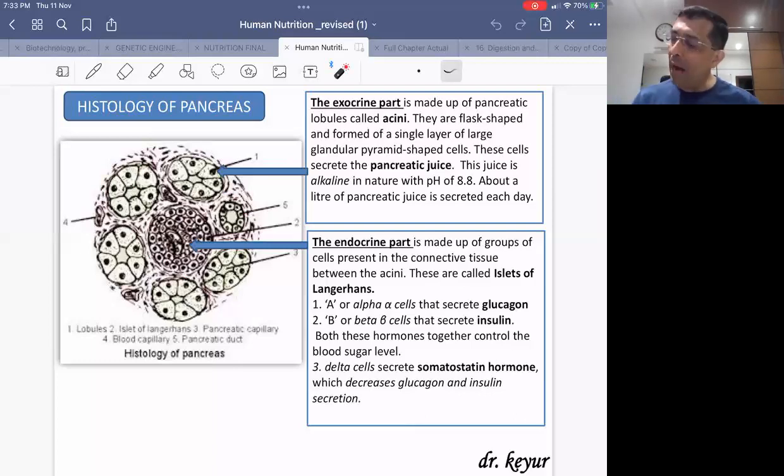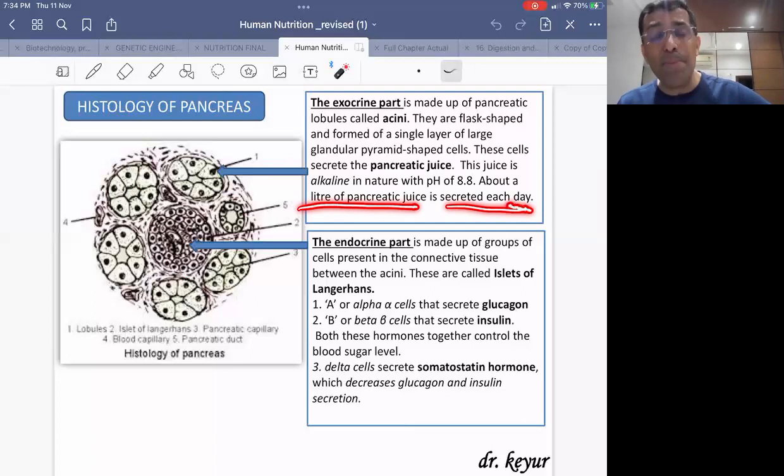About 1 liter of pancreatic juice is secreted each day. एक दिन में 1 लीटर pancreatic juice secrete होता है, quite a significant amount.